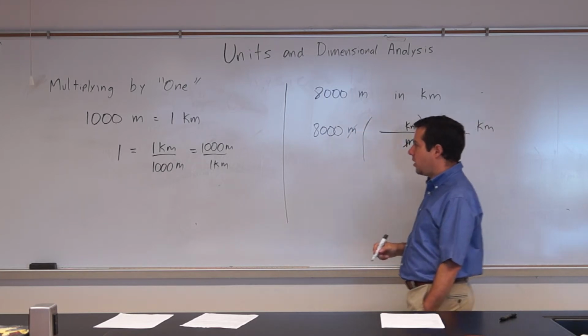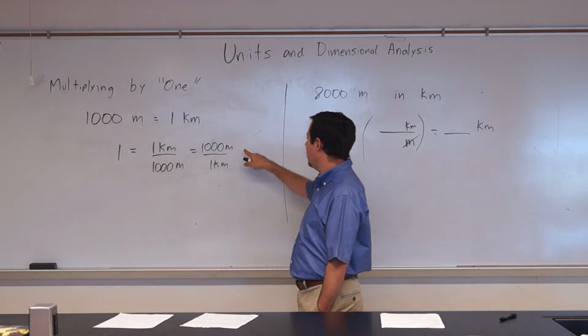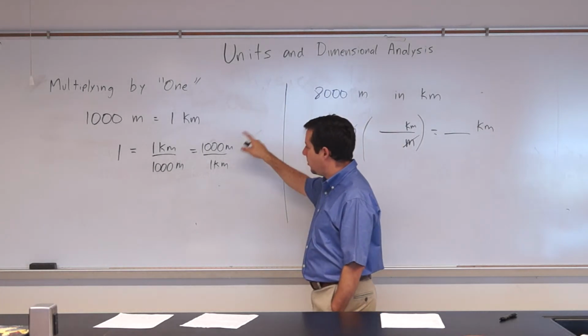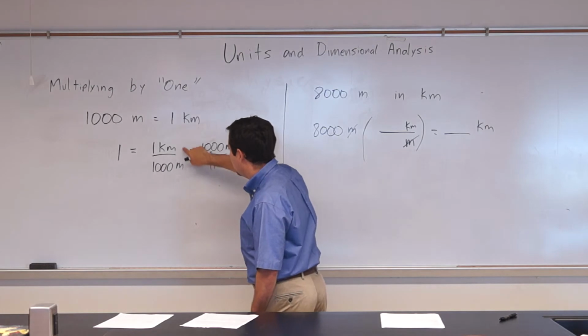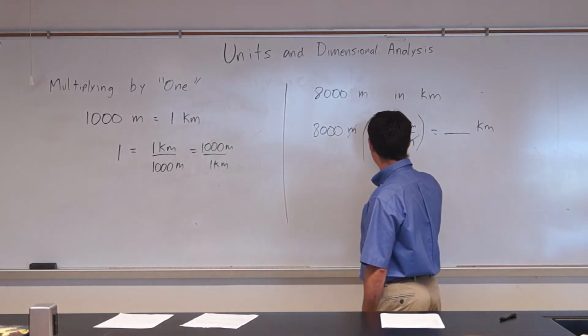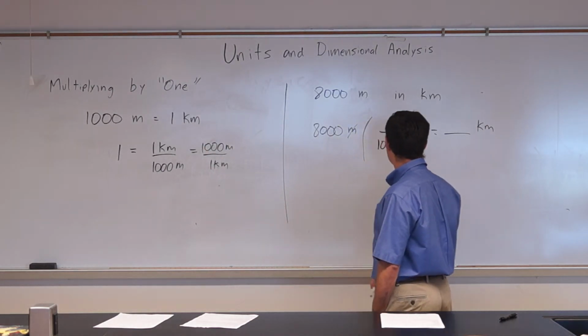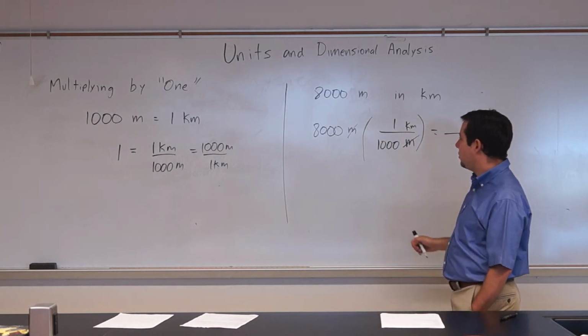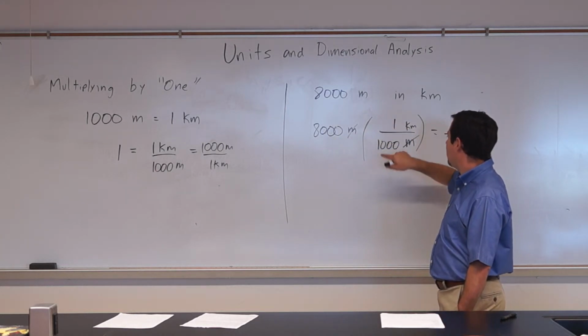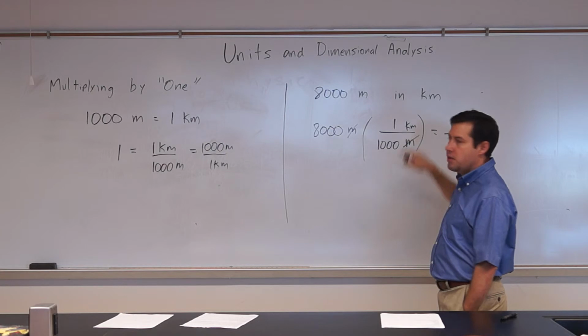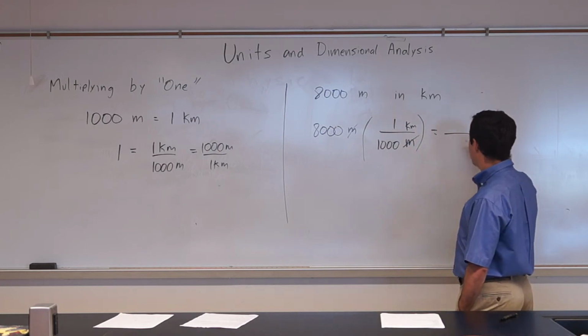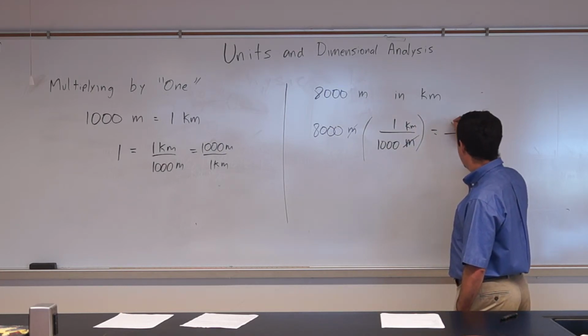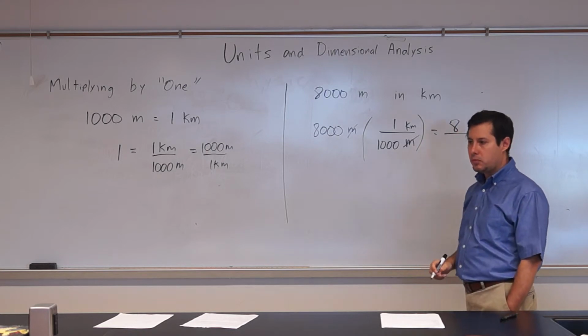So we're going to look back at this equation here. We want to figure out which one of these gives us kilometers on the top and meters on the bottom. And it's that one. So you say 1 kilometer equals 1,000 meters. So this just becomes 8,000 times 1 divided by 1,000. And the only unit that's left is kilometers. So you end up getting 8 kilometers.